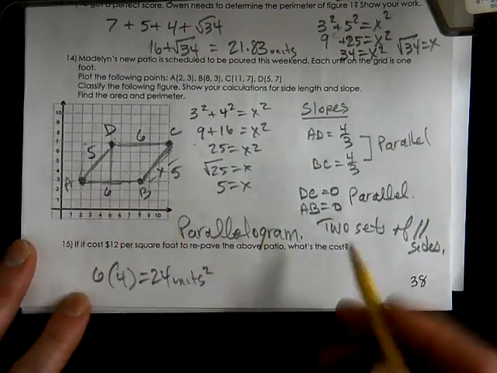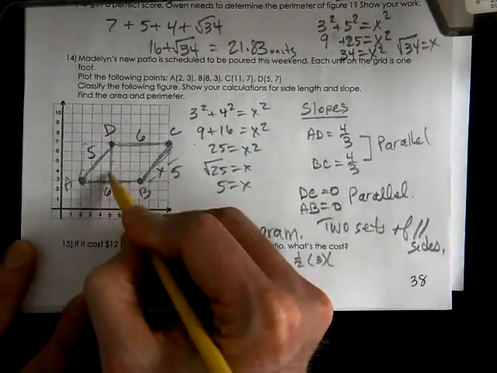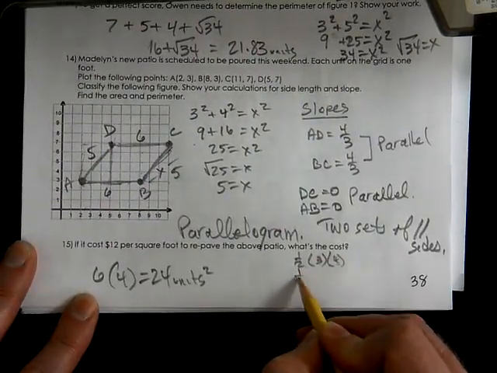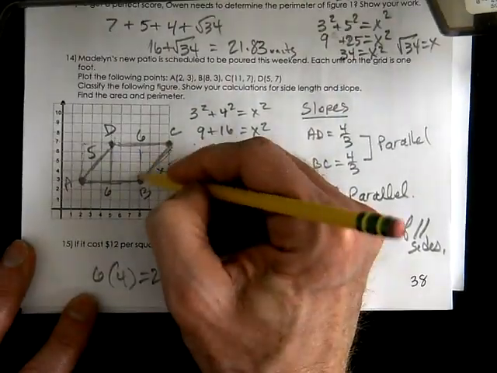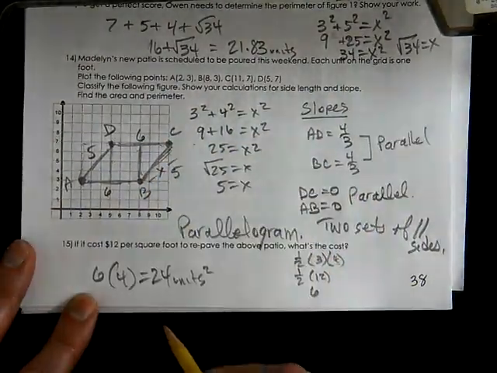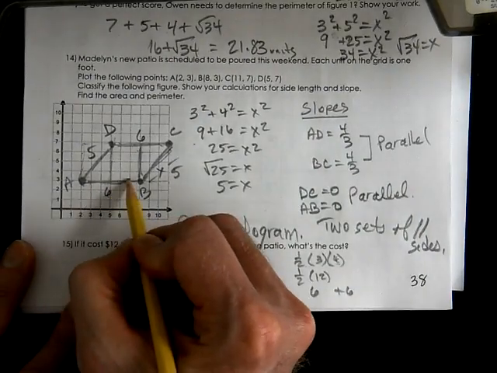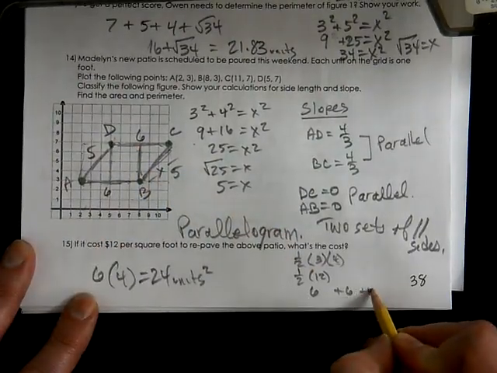1, 2, 3, 1, 2, 3, 4. So that's half of 12, which is 6. Here's the same dimensions again, so we have 6 again. And here we have 3 times 4. So that's 12.